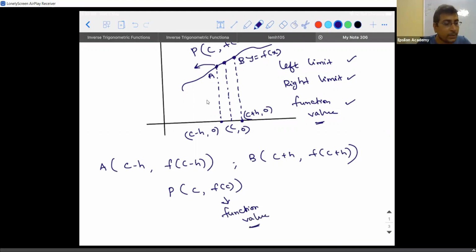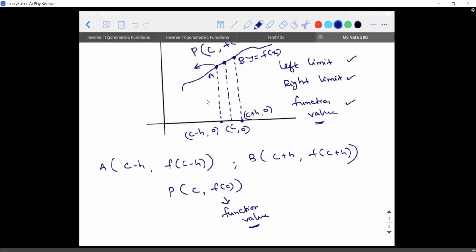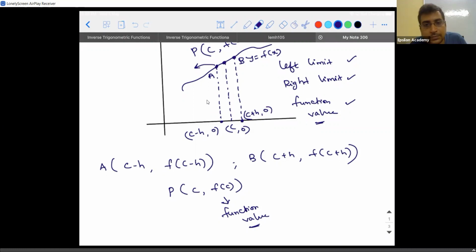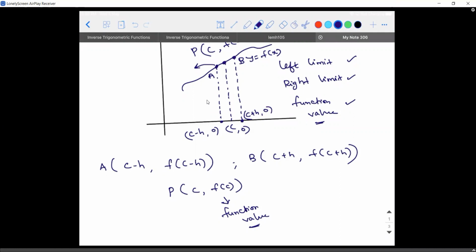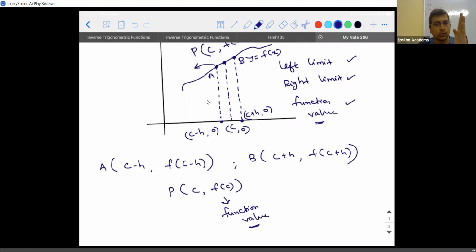Then what do I mean by left limit? Left of the function value. Correct, be confident. So from the left of the function, you will be approaching towards which point?